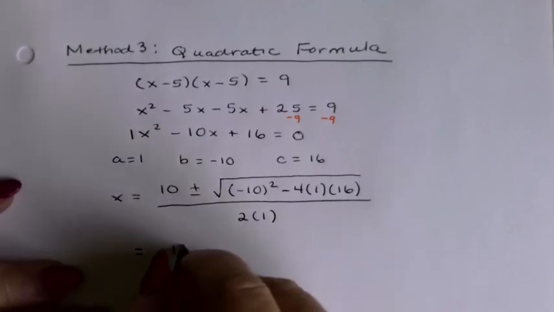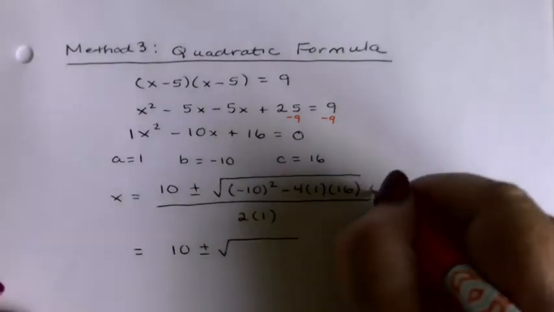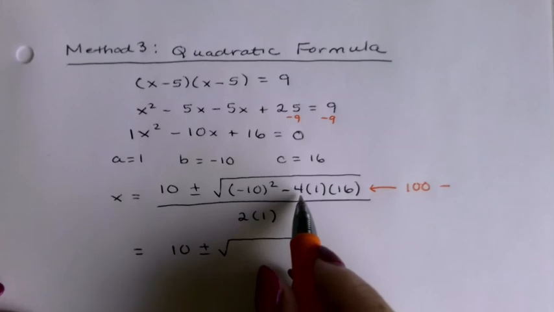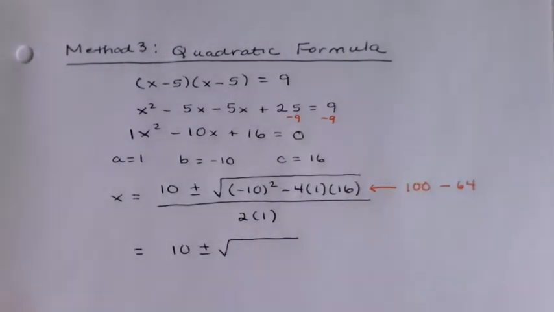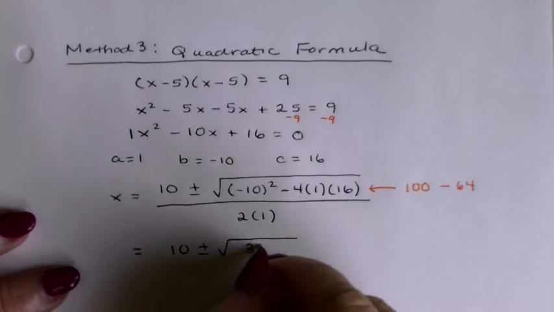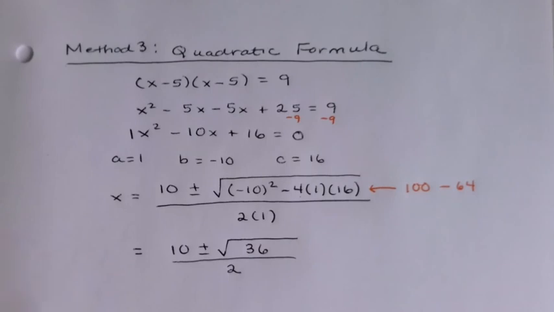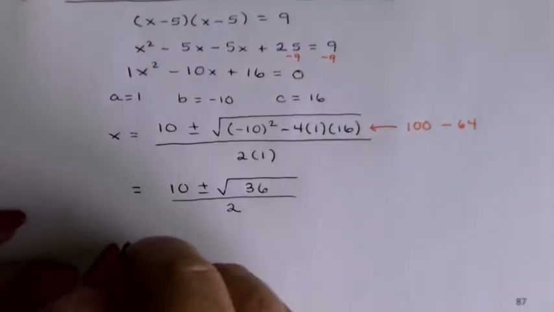All right, that's 10 plus or minus. This one might not be too bad. Negative 10 squared is 100. Subtract 4 times 16 is 64. So that's 36 under the radical over 2. And this time what's under our square root actually comes out perfectly, right?